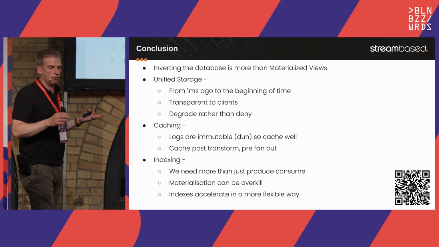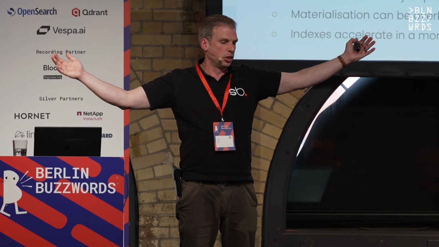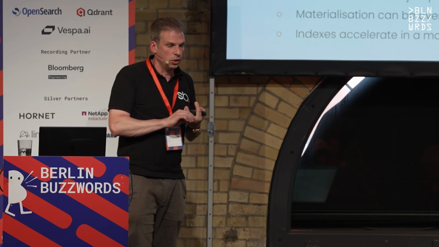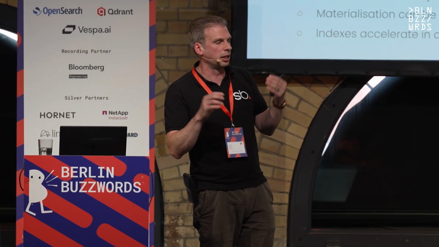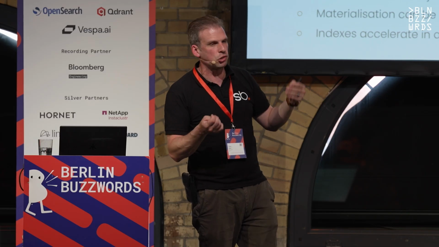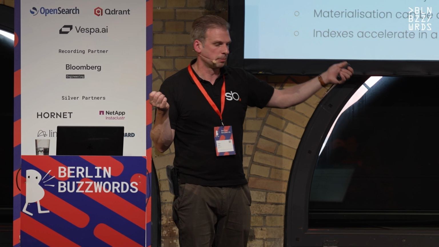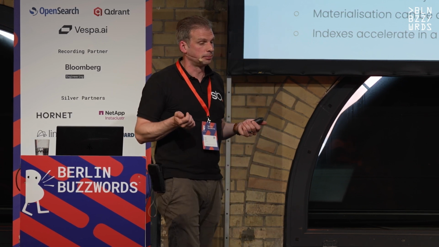So if you take the principle of unified storage, we're going to get this one consistent view that goes across and is available to all clients. If you add caching to it, you're going to get fast performance, and also transparent transforms that just make your data available as if it was something else. And if you add indexing, you're going to get a lot of performance.